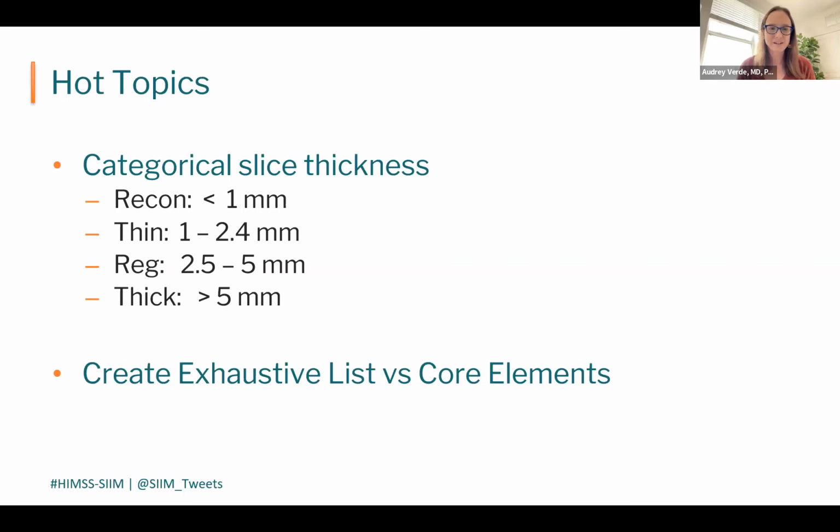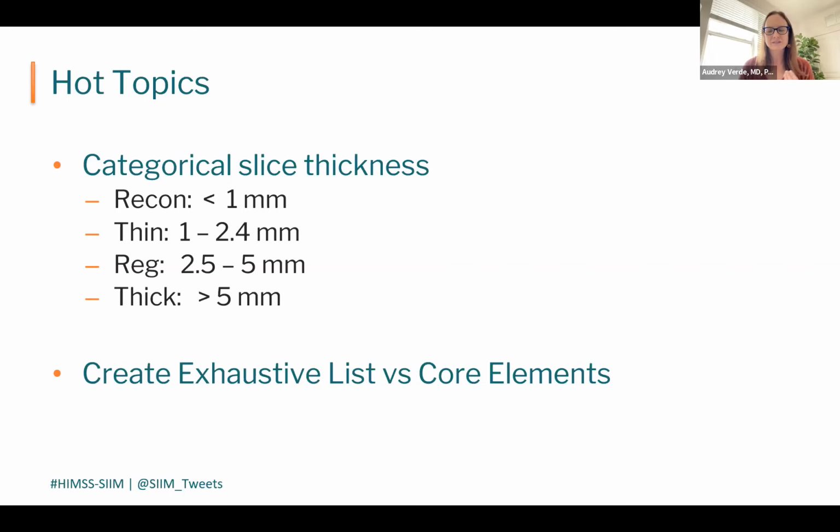And where to put these cutoffs is a hot topic of discussion because there are different use cases between academic and private practice and what this will do to the resulting series names. This is something we're still thinking about and still under discussion, but it's something that we would love input and feedback on, because this is going to be important going forward to ensure that this solution is vendor neutral.